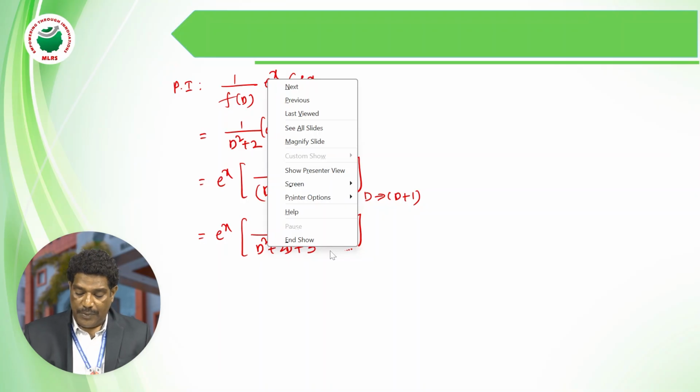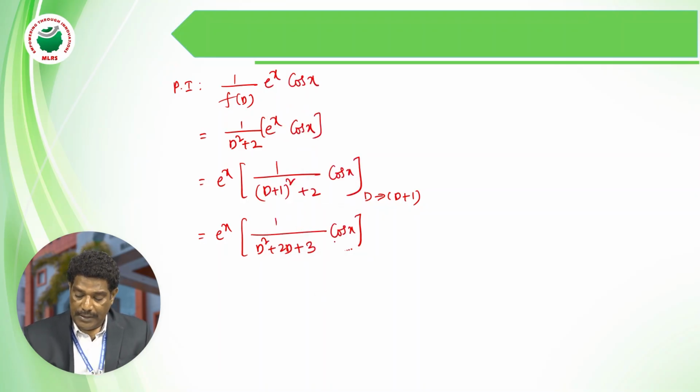After simplification, we have the function cos x, and remember, cos x is the type 2 model function. Now we need to proceed with the type 2 model working rule. What is the type 2 model working rule? First of all, we need to replace the denominator D square by minus b square. Here the b value, the x coefficient, is 1.